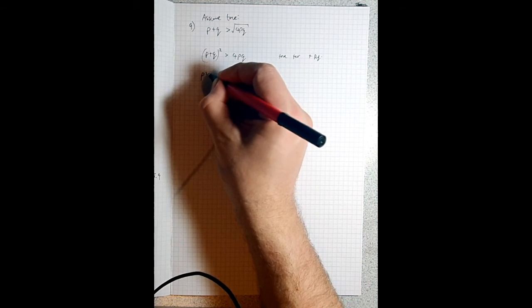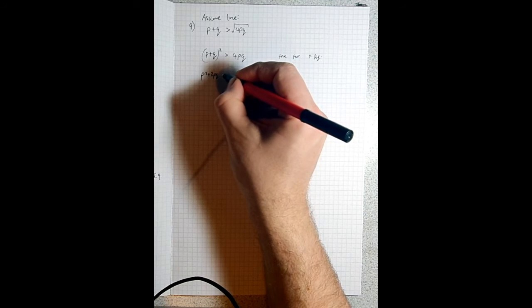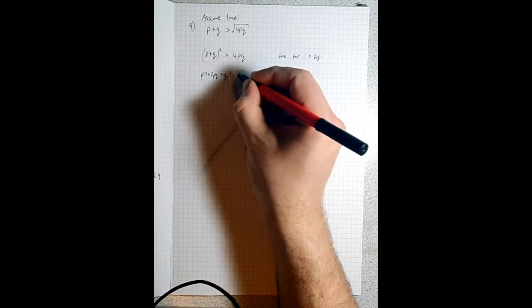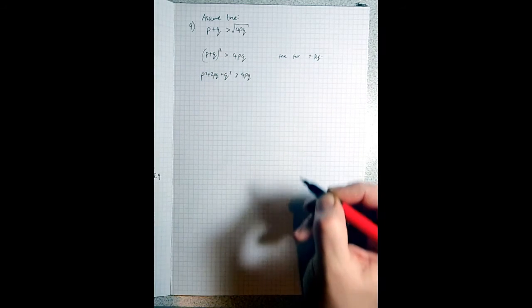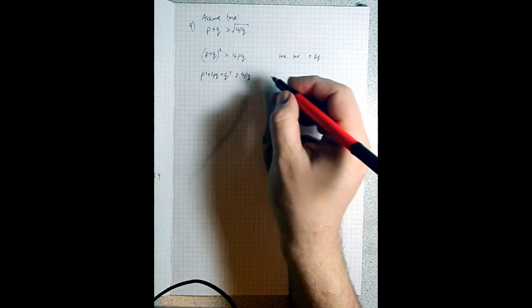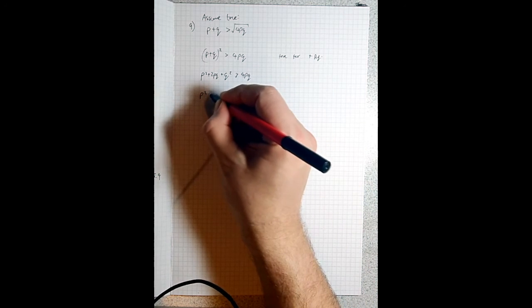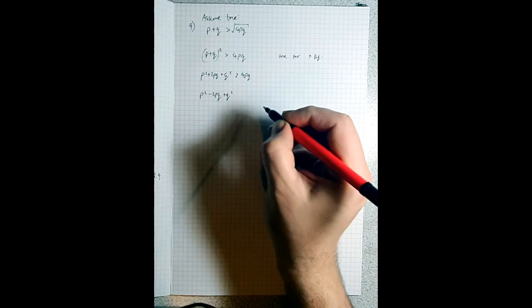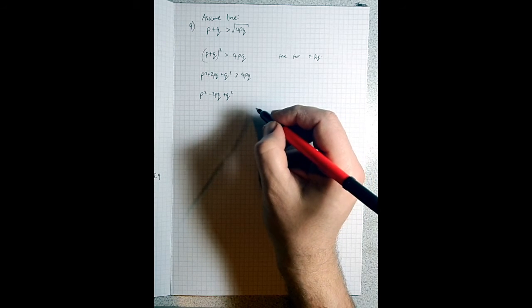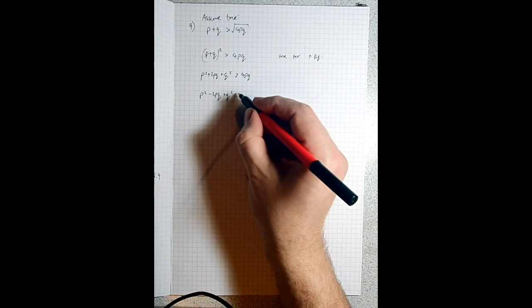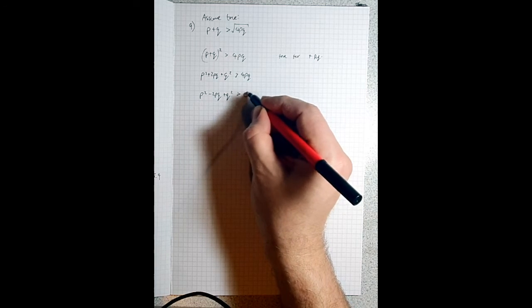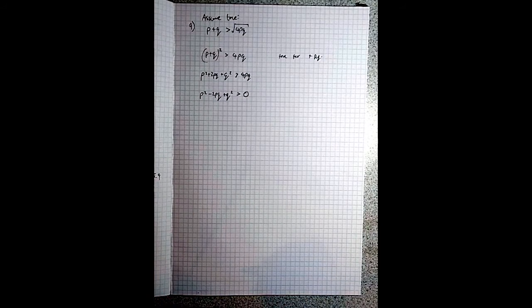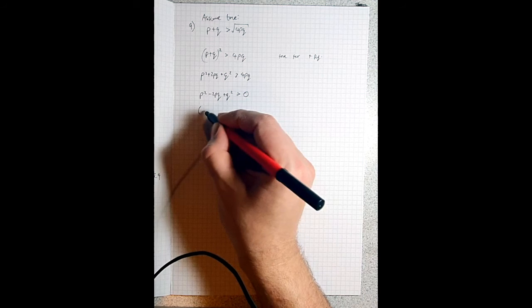So P squared plus 2PQ plus Q squared greater than 4PQ. If I take 4PQ from both sides, P squared minus 2PQ plus Q squared is greater than 0. And that's a perfect square, so I could do that.